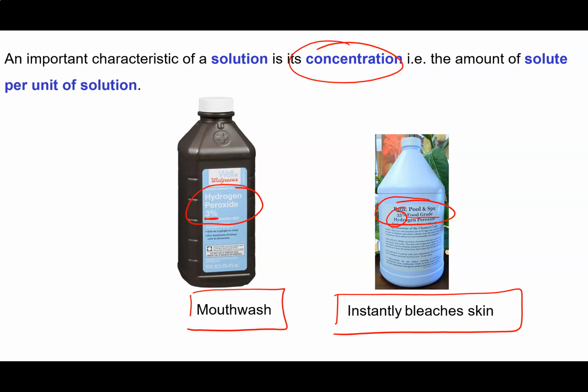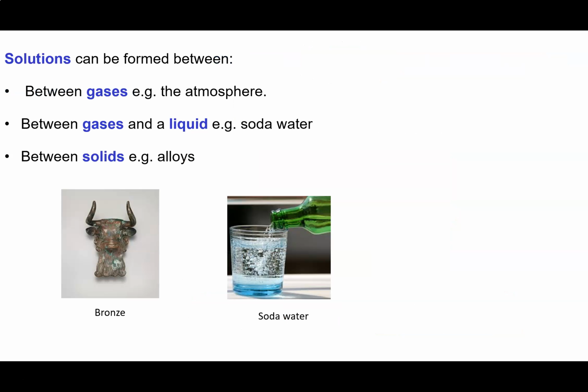So the concentration of a solution, that is the amount of solute for every unit of solution, is really important, and you can get very different properties depending on the concentration. Now, everything we've been talking about so far gives the impression that a solution always has a solid component and a liquid component, and that's not actually the case, right? Solutions can form between gases, and a good example of this is the atmosphere, where nitrogen is the solvent.